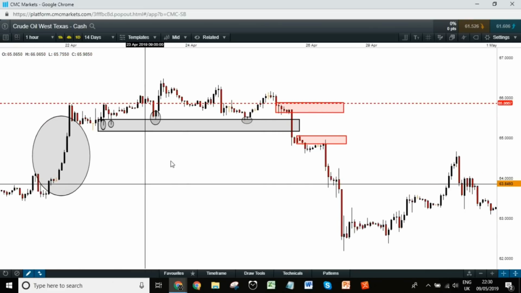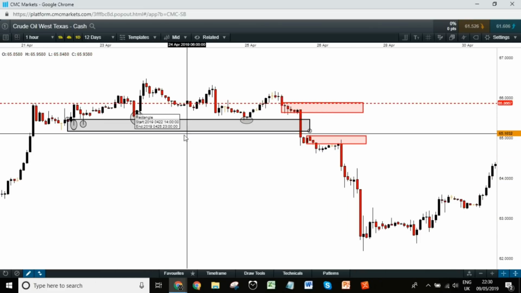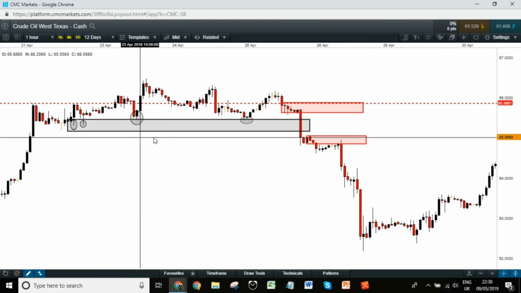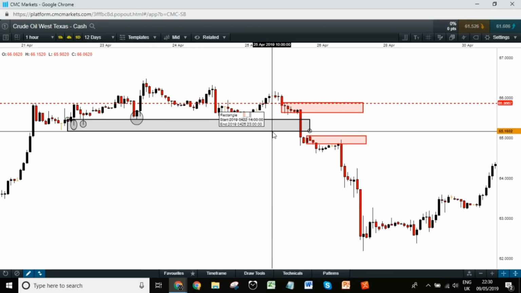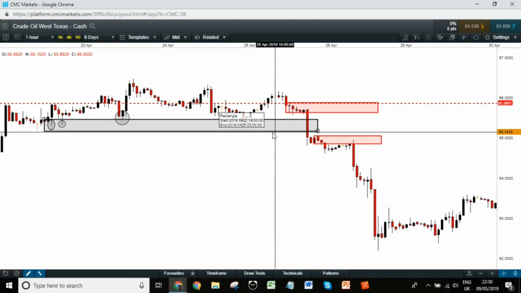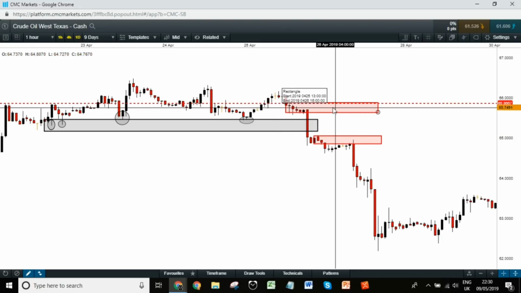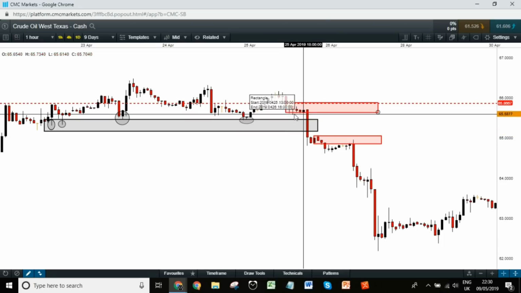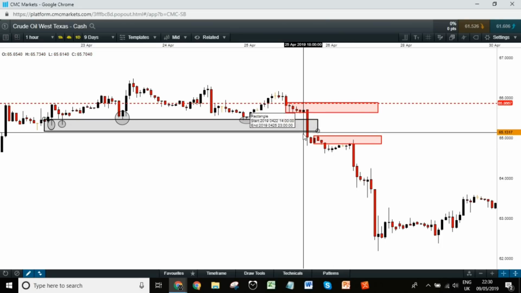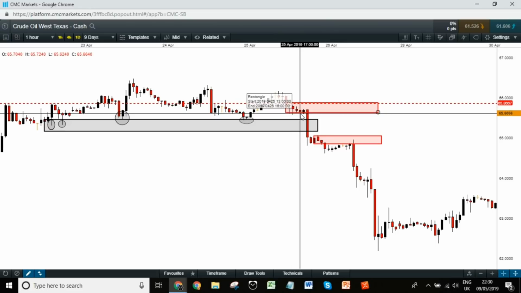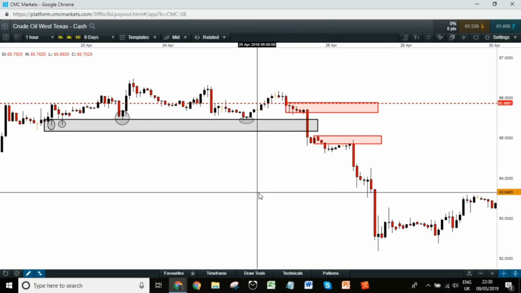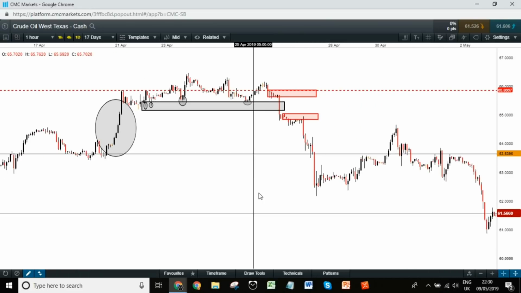Then I dive in and I look for event two, which is the demand zone here. And then I place an alert just at the bottom of this for the market to let me know when it's broken. Once that alert pops, I find the zone for event three that broke event two, and then I place my limit order. Everything is based on alerts, right?